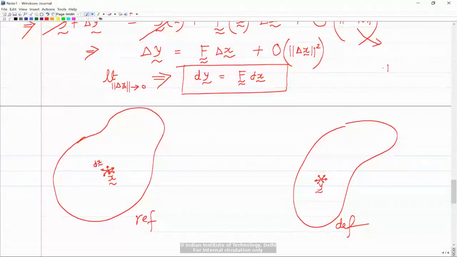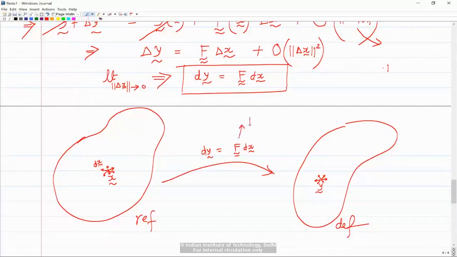And what it says is that those tiny lines are simply related through this big F. So the tiny lines dy is equal to big F of dx. And this big F is different at different x. You see, this big F, it's a function of x.